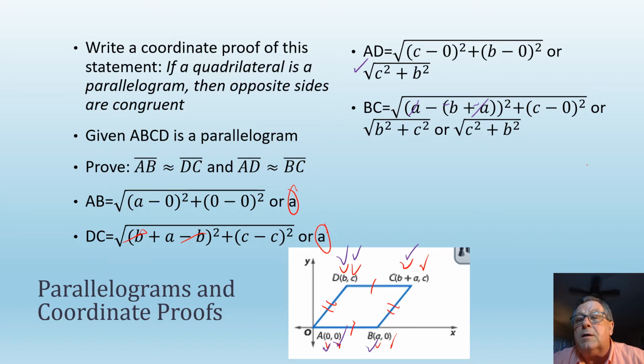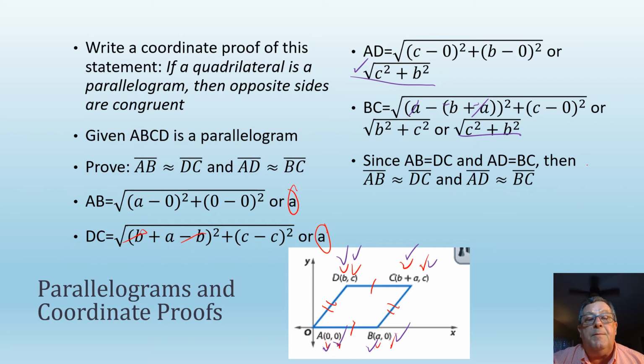But negative B squared is B squared. And then we've got C minus 0 squared, which is just going to leave us with C squared. So we would have the square root of B squared plus C squared. But really, I can switch that around, and there I got C squared plus B squared. So AD and BC also equal each other.